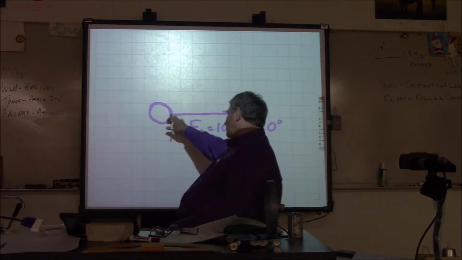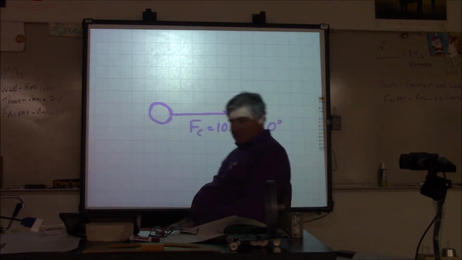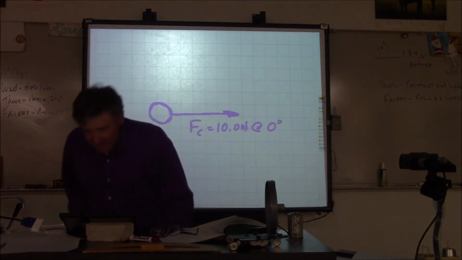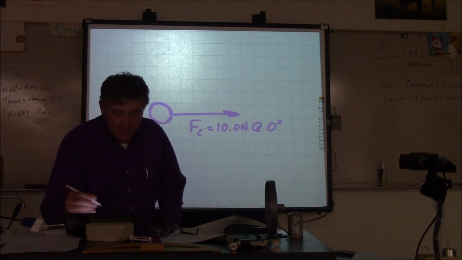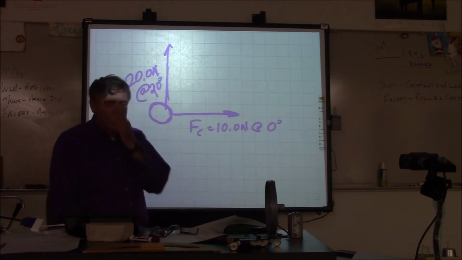Okay? So we're going to have Colin kick the ball this way at 10 newtons at 0 degrees. Now, at the same time, I'm going to have Paige kick the ball this way with a force of 20 newtons at 90 degrees. Okay?